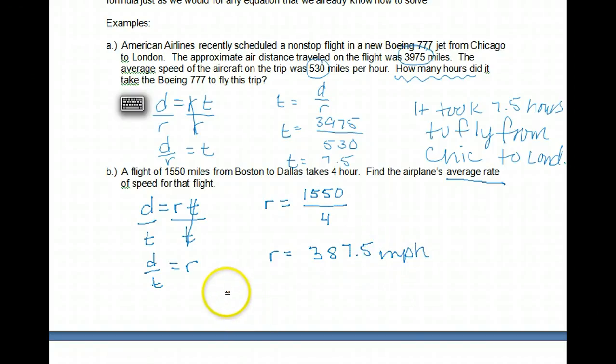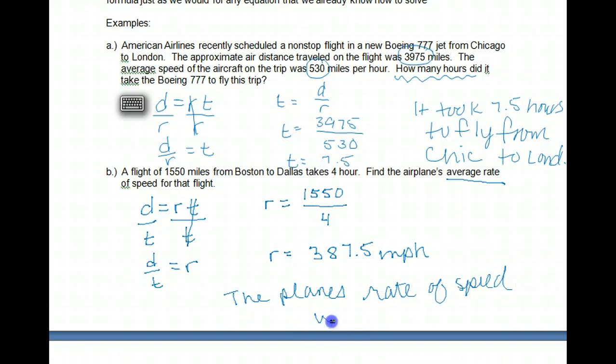So you would just finish that off by saying the plane's rate of speed was 387.5 miles per hour. You always want to write a sentence to finish a word problem.